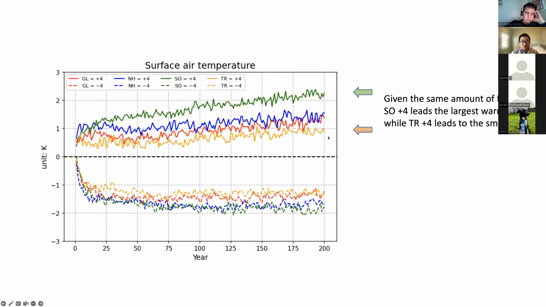As you can see, near the end of the simulation, the Southern Ocean +4 case induces the greatest warming among these experiments, whereas the tropics +4 induces the least amount of warming. So given the same amount of forcing, the climate response is very different across these simulations. This does suggest that the climate response is sensitive to the location of the forcing.